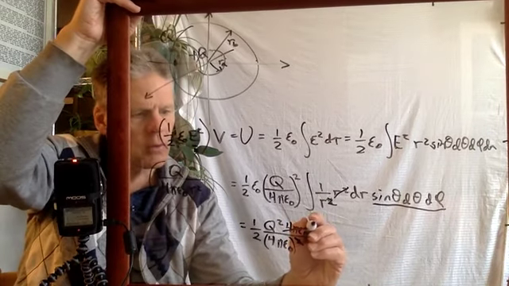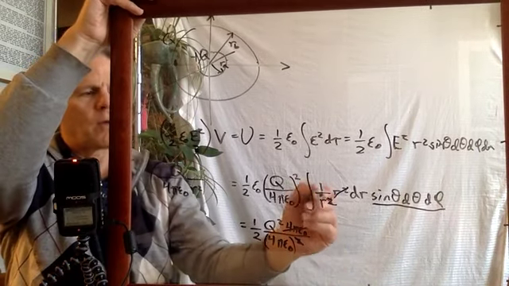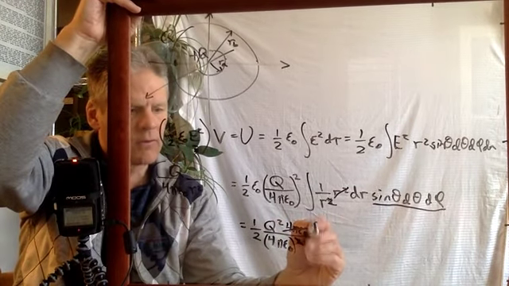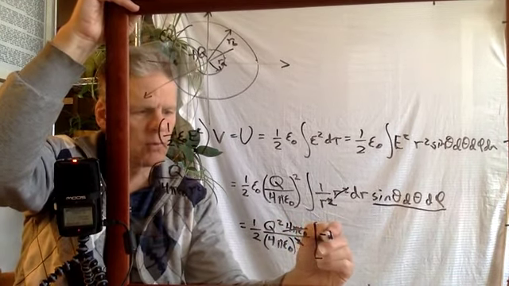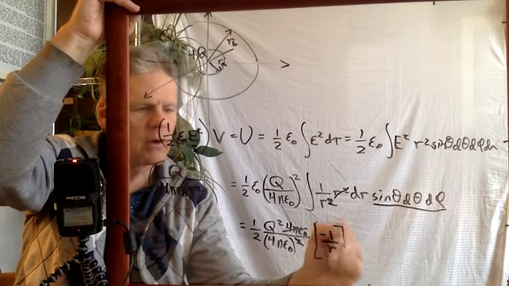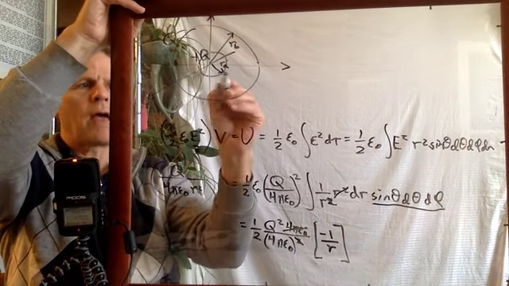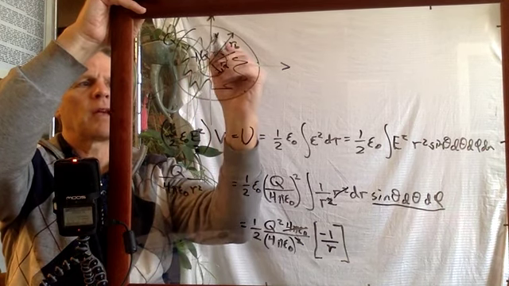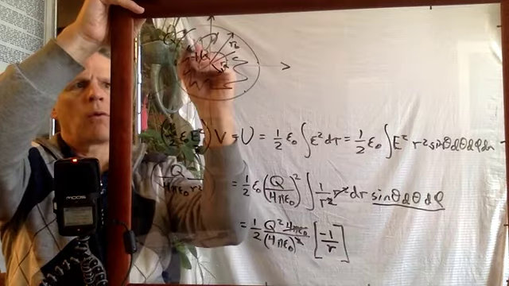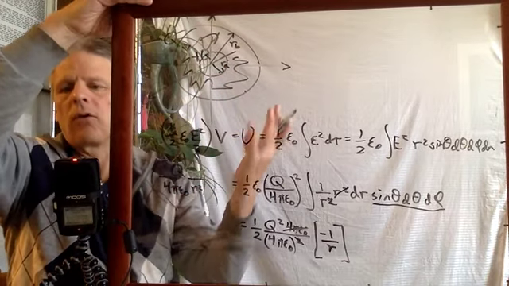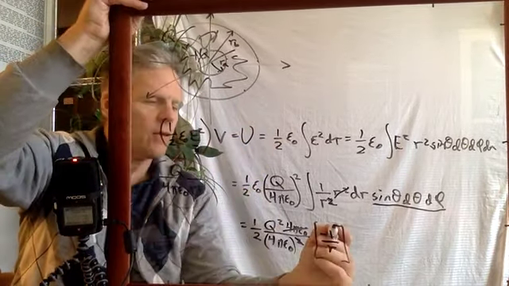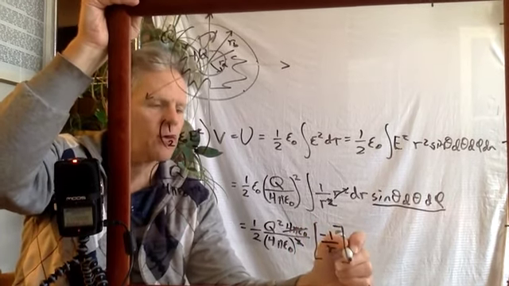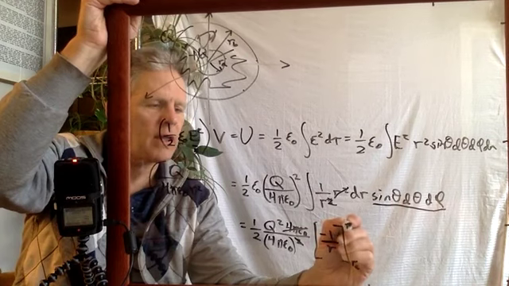Okay, and then all we end up with is a 1 over r squared dr integral. And you guys all know that what this gives us is a minus 1 over r. And we are going from RA to RB. We're looking at this region in here to determine what the capacitance is. And why is that? Well, what's this field out here? 0, right? Okay. And this goes from RA to RB.